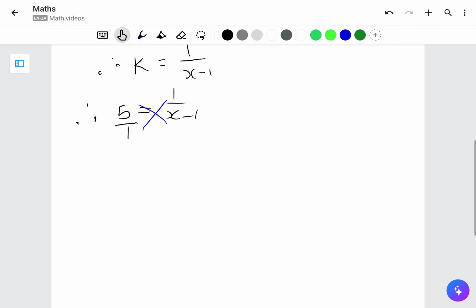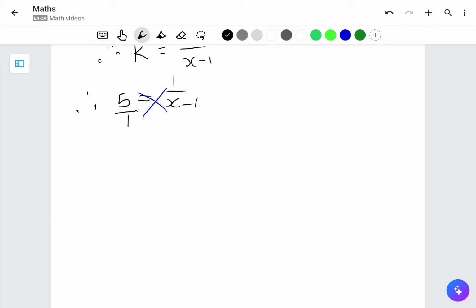So what does that leave me with? I'm going to multiply 5 with x minus 1, and 1 times 1 we know is 1. Then we're just going to go with distribution. So we're going to say 5 times x and 5 times minus 1. That's going to give you 5x minus 5 equals 1.